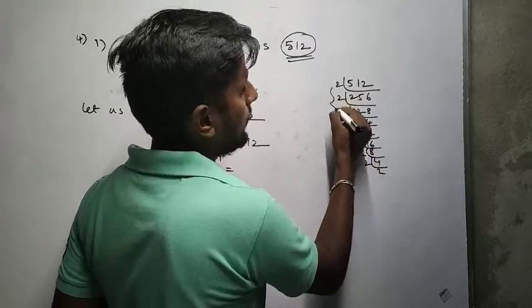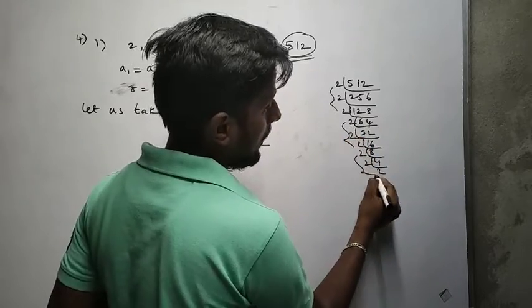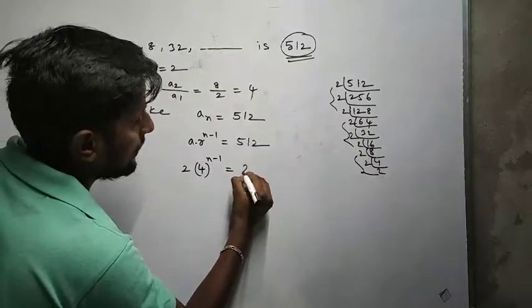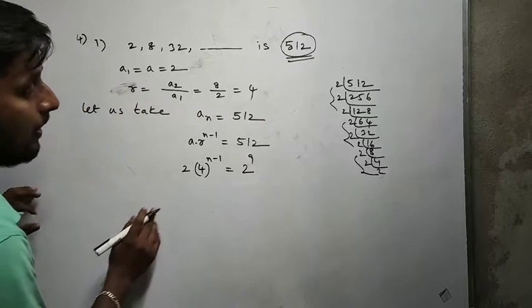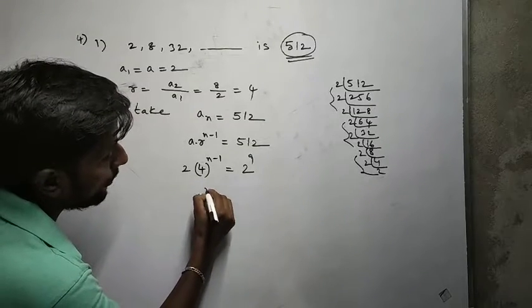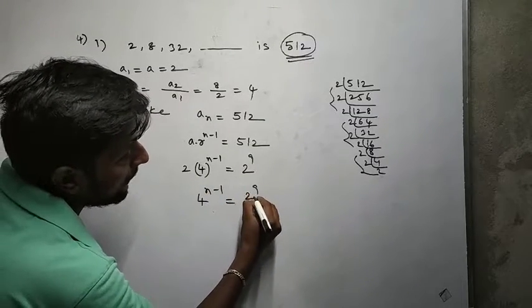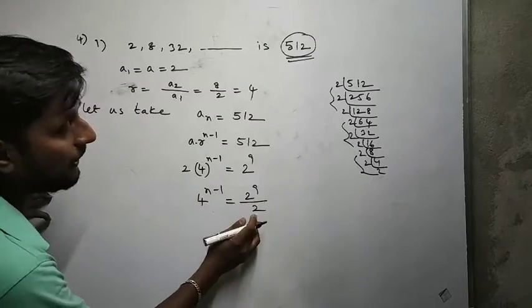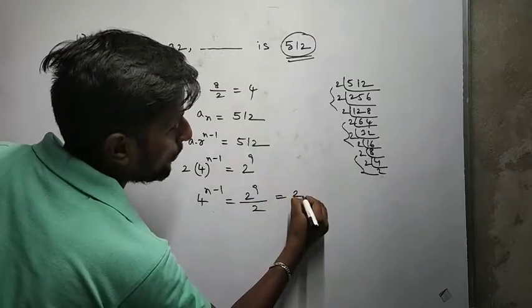You just count 3, 6, 9, 2 power 9. So you can write it as 2 power 9. Now 4 to the power n minus 1 is equal to 2 power 9 by 2. Here the 2 multiplying, here divides. So simply we'll get 2 power 8.